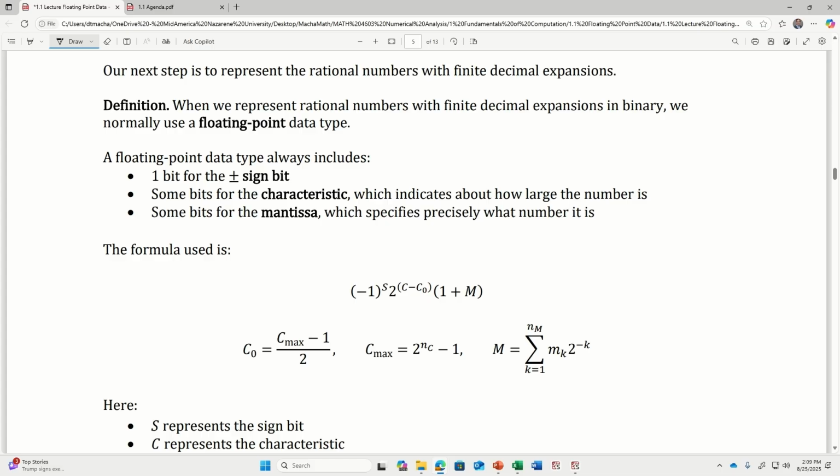You'll notice the C naught, or C subscript 0, is going to be the maximum number you can get for your characteristic minus 1 divided by 2. Kind of puts you in the middle. The maximum number you can possibly get for your characteristic is going to be 2 raised to the power n subscript C. I know that's a little bit goofy.